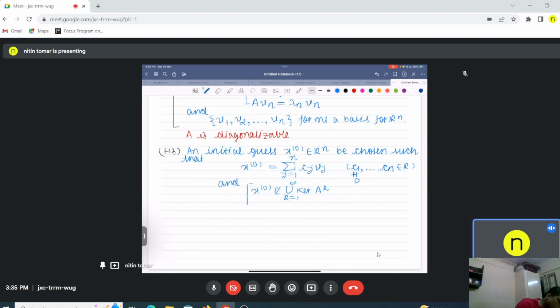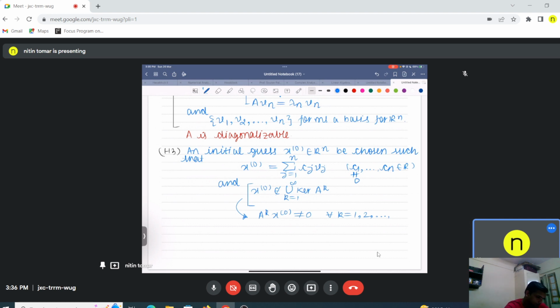Now what does this line mean? It precisely means that A^k x0 is not 0 for all k equal to 1, 2, and so on. Because if for some k, A^k x0 is 0, then x naught belongs to the kernel of A^k and hence to the union, which we don't want.